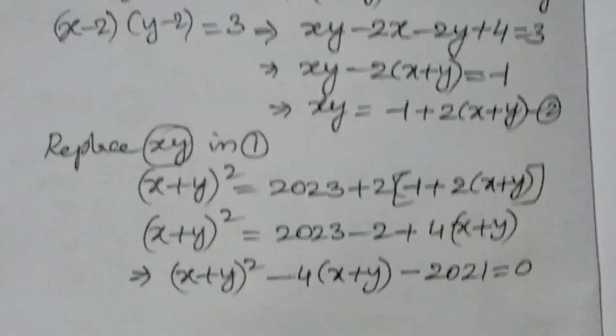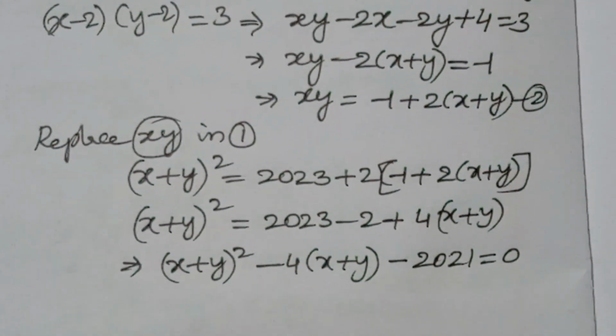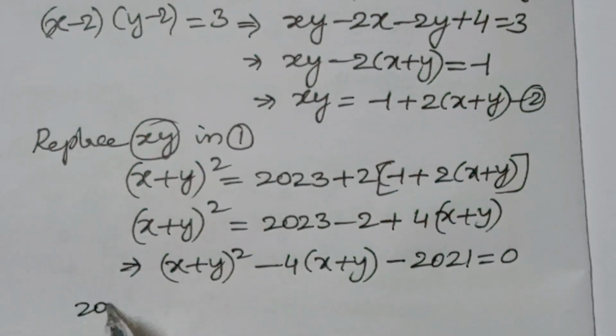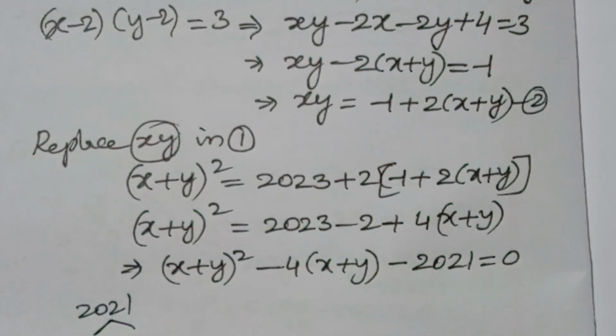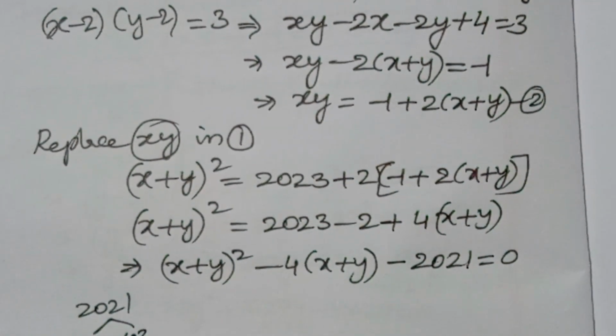So it is a quadratic in x plus y. 2021 can be written as 47 into 43, both prime numbers.